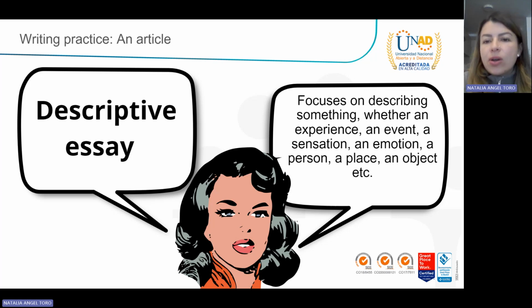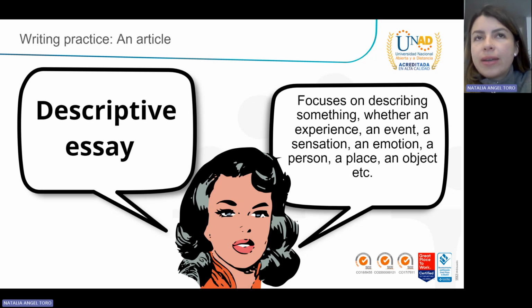Yes, yes. So the idea is to describe every detail we are seeing or experiencing about something and try to keep the reader with his or her imagination in the specific scene. So, for example, Cien Años de Soledad is a descriptive text.